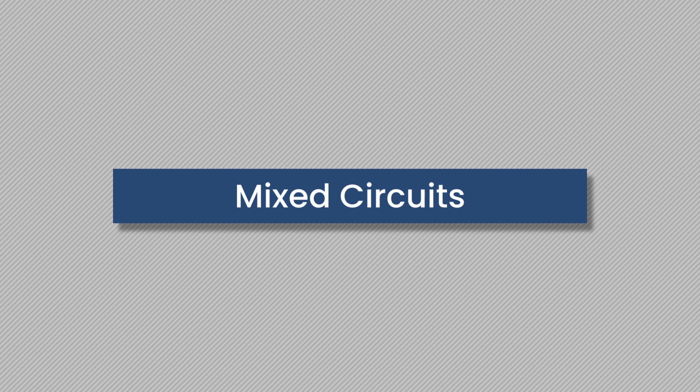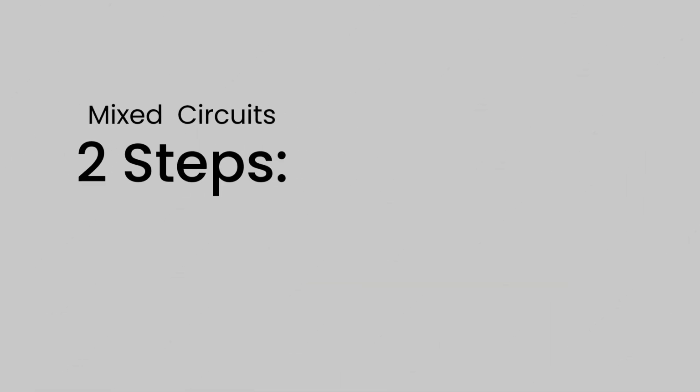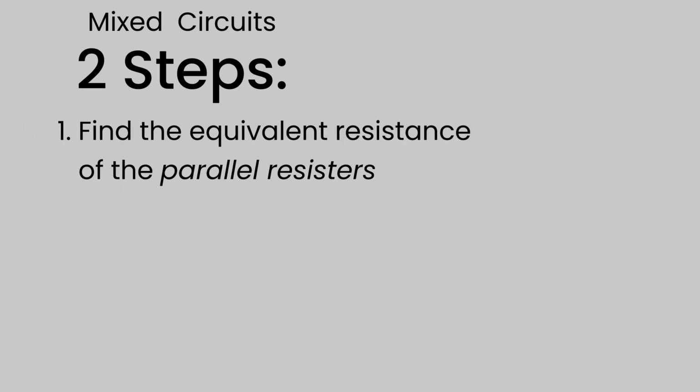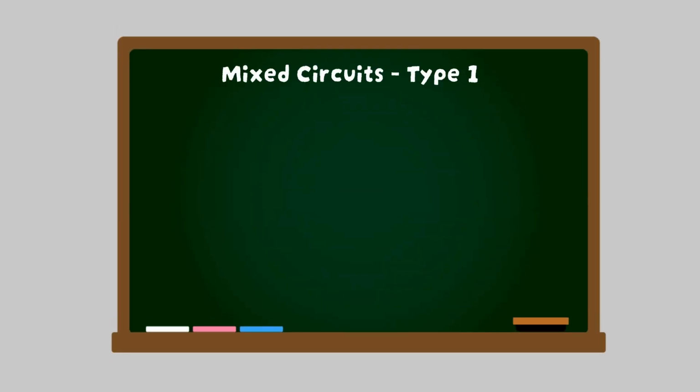Mixed circuits. In its simplest form, there are 2 ways this can be represented. We can find the equivalent resistance of the whole circuit by firstly calculating the resistance in the parallel circuit, then treating it like a series circuit by adding the remaining resistance. Here is an example of that.